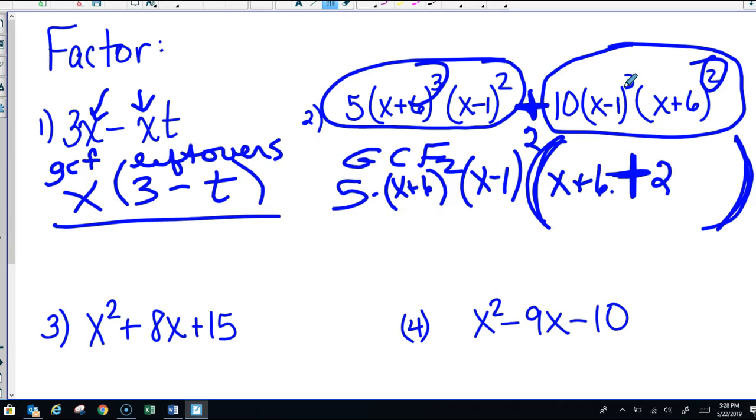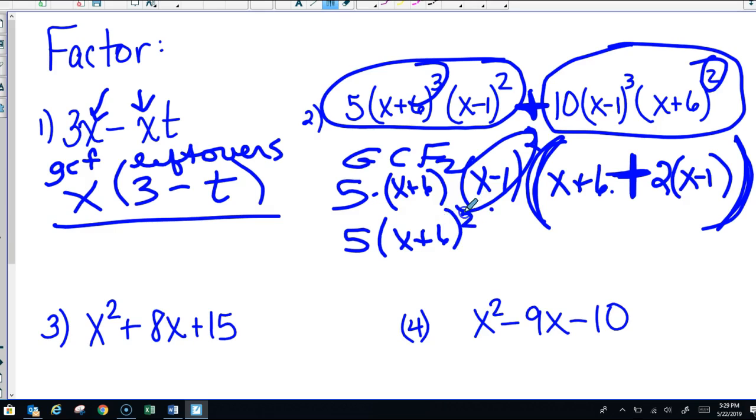I had 3 x minus 1's. I only took 2 out, so I've got 1 of those. And I had 2 x plus 6's. I took 2 out front, so none of those left. And so now I've got 5 times x plus 6 squared times x minus 1 squared times, and now we've got to clean this part up.